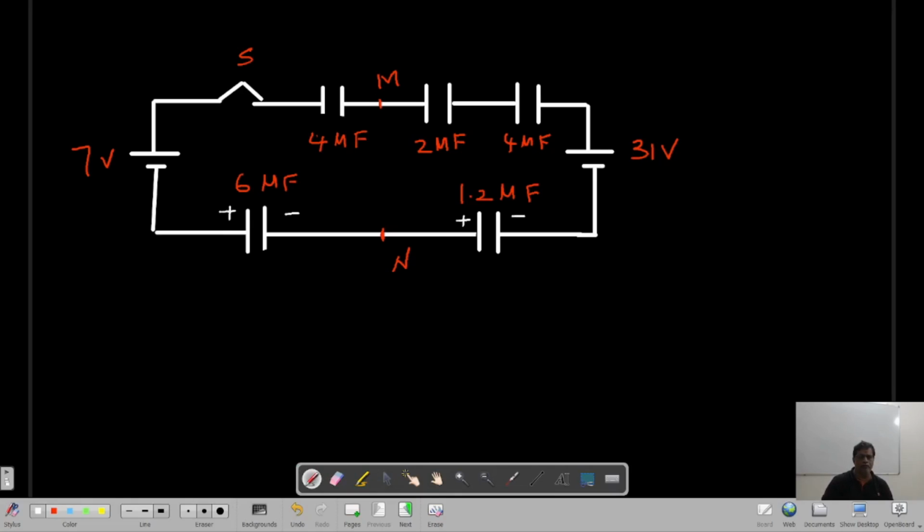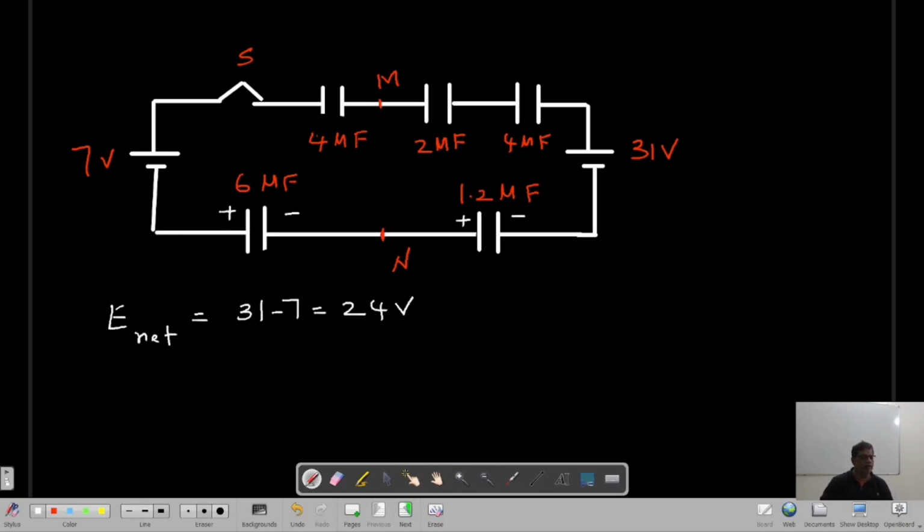They are connected in such a way that their positive plates are together and negative plates are together, which means these are two opposing PDs. Therefore, the net EMF of this combination will be 31 minus 7, which is equal to 24 volt.